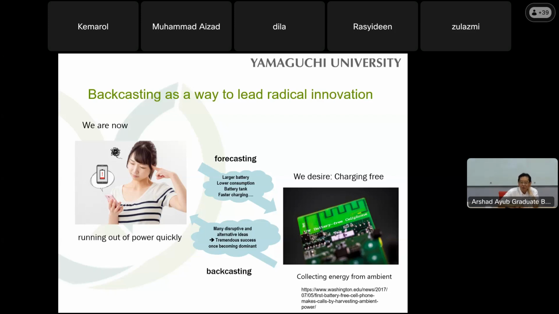If they succeed, we will achieve a better world. At least we don't need to worry so much about running out of power. This is the typical example of backcasting-based innovation, and this will lead to radical innovation, which is not in line with the current trajectory.